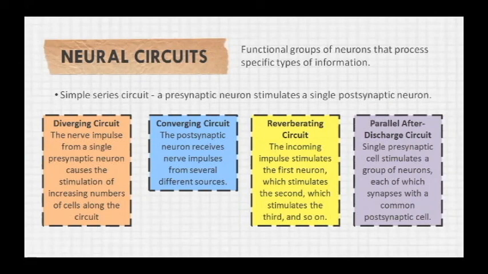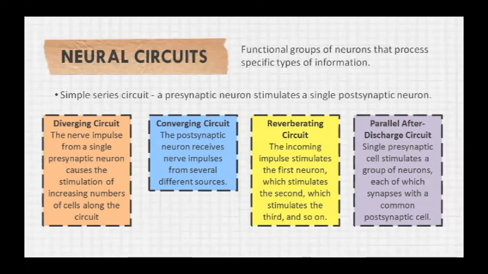The diverging circuit is where the nerve impulse from a single presynaptic neuron causes stimulation of increasing numbers of cells along the circuit. In short, in the diverging circuit, a single presynaptic neuron goes into a lot of postsynaptic neurons. While the converging circuit is where the postsynaptic neuron receives nerve impulses from several different sources.